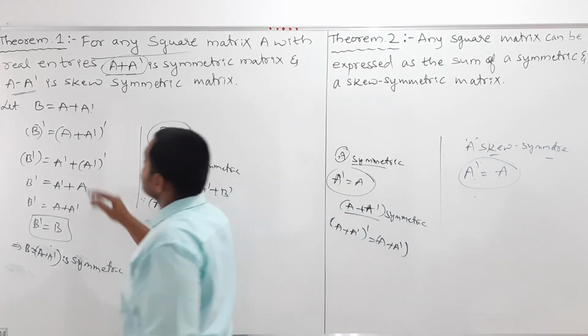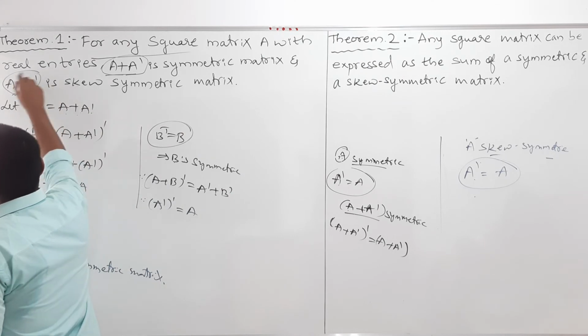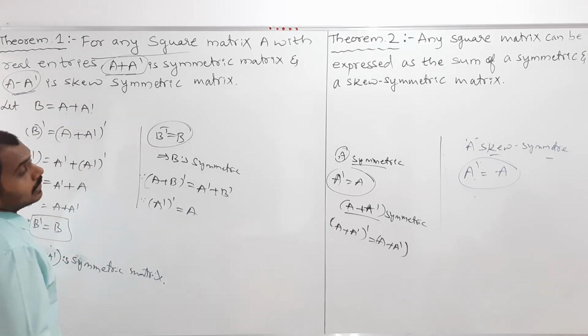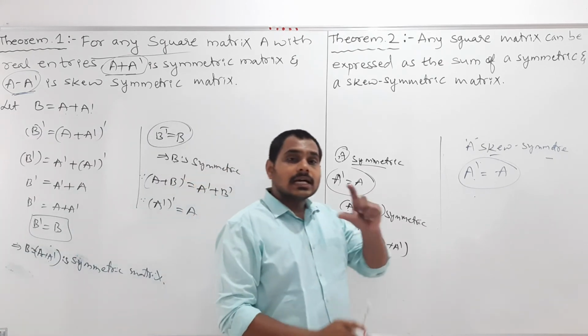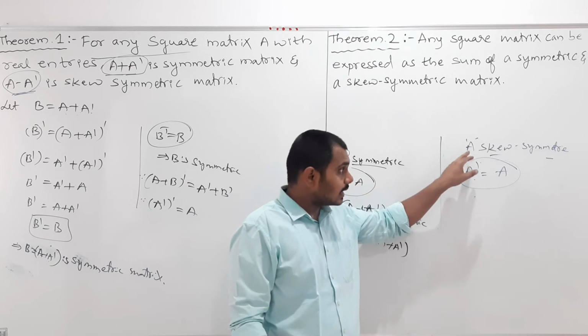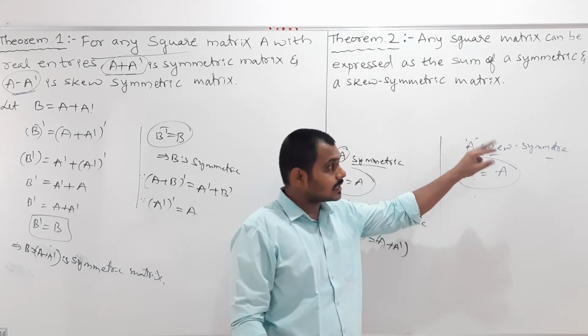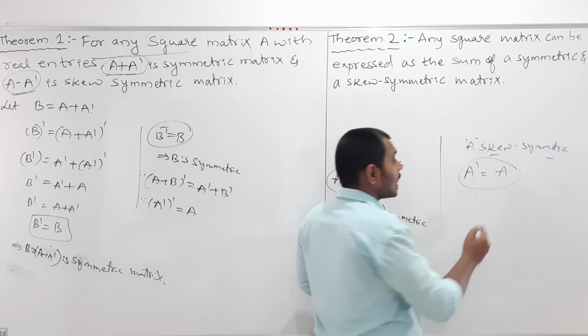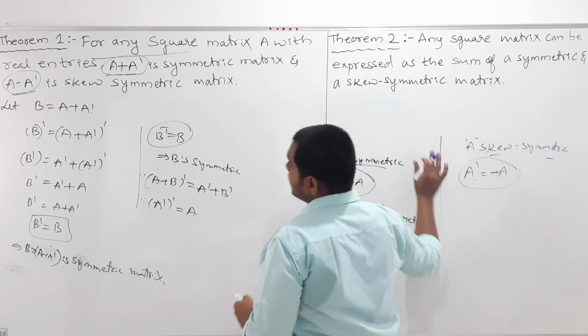Now here also, I should show that A minus A dash is skew symmetric. If I have any single matrix A, then that matrix is said to be skew symmetric if A transpose is equal to minus A. Clear? This is the definition.